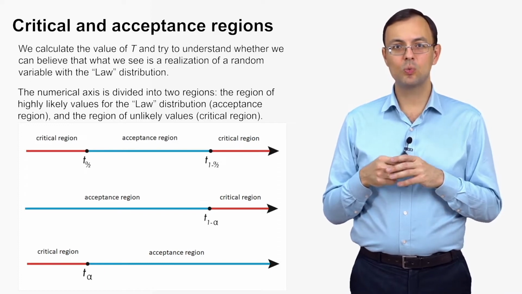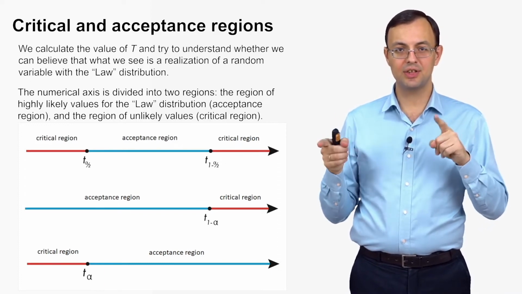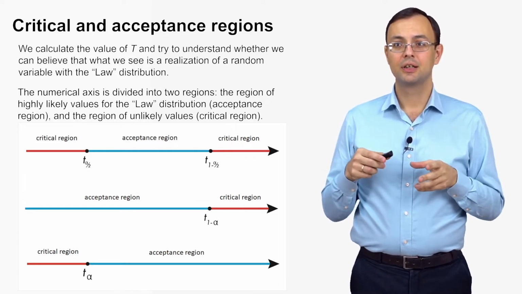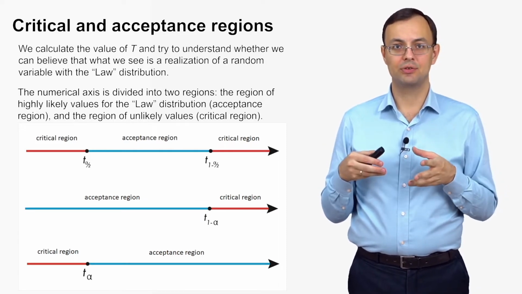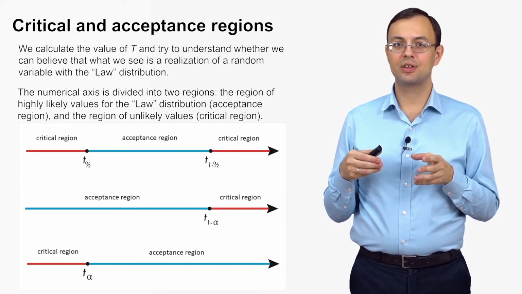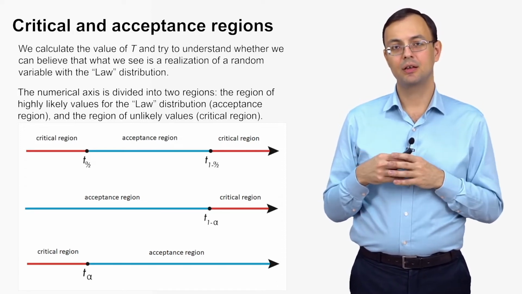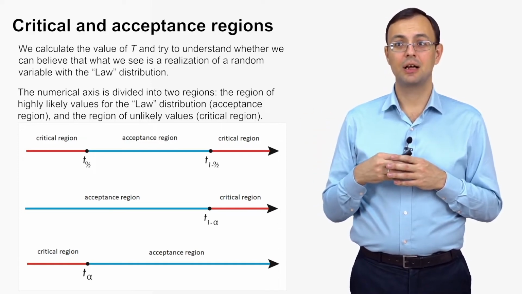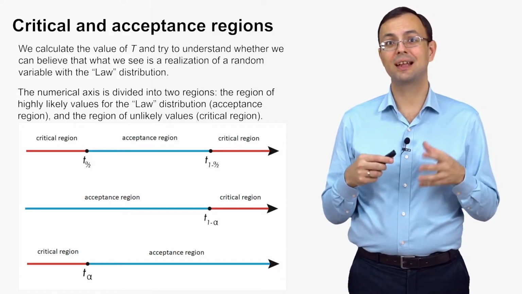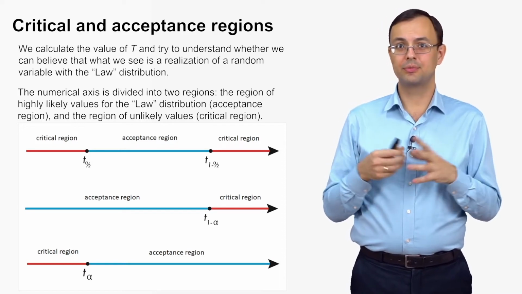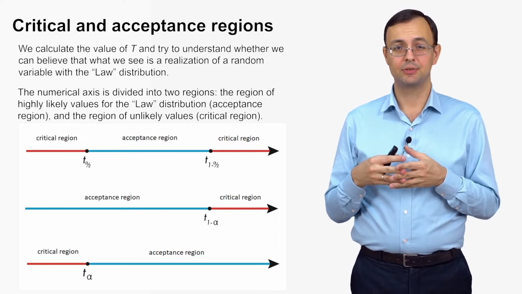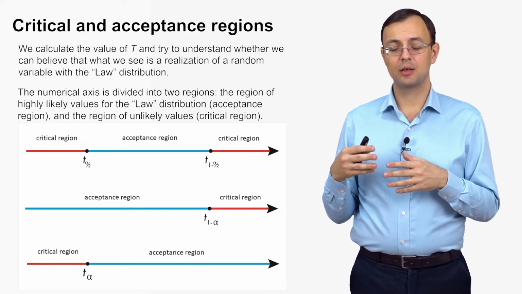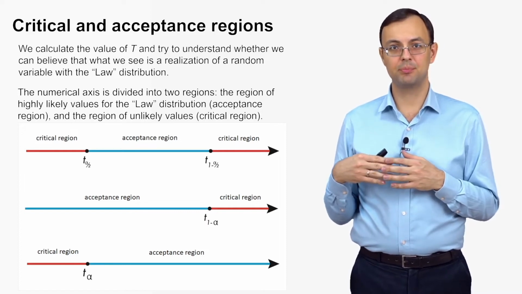And so you say that all values between these two quantiles, between 155 and 190, are highly likely values, and values that are less than 155 and greater than 190 are unlikely values. Possible but unlikely. And so that is how you can make a decision here. This is the thing we do in hypothesis testing problems.